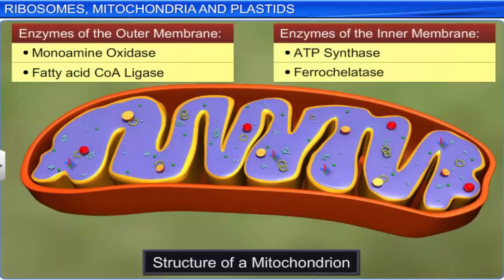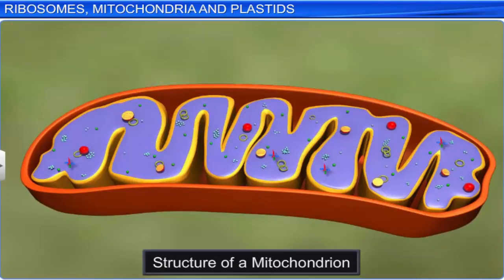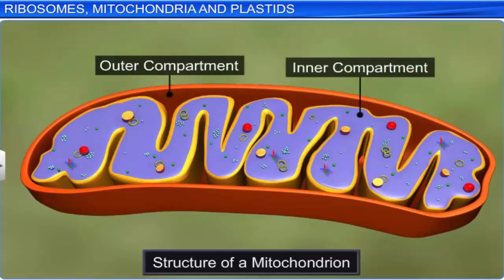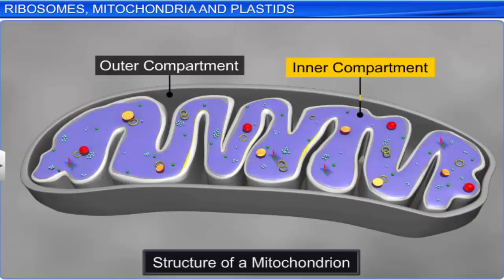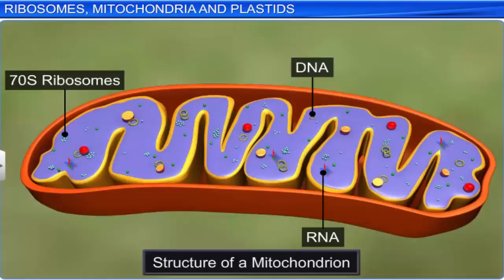The membranes divide the mitochondrial lumen into two aqueous compartments, the outer compartment and the inner compartment called the matrix, that contains a single circular DNA molecule, a few RNA molecules, 70S ribosomes, and the components required for the synthesis of proteins.